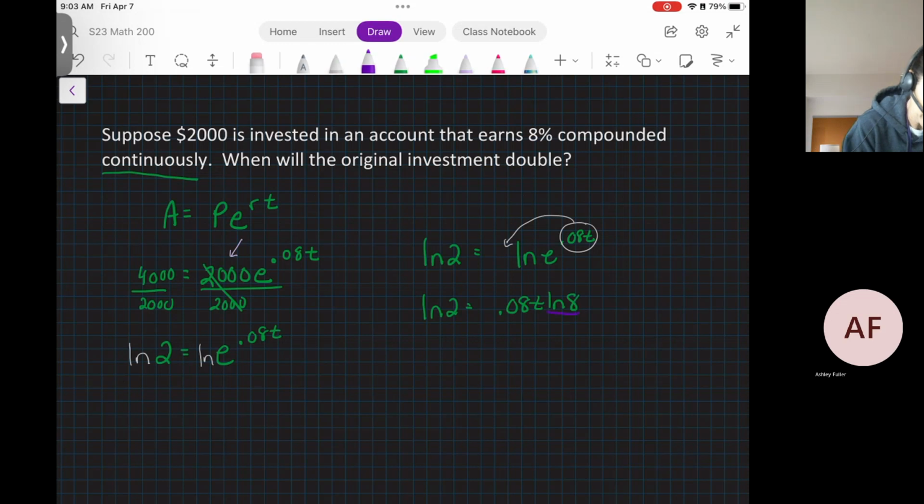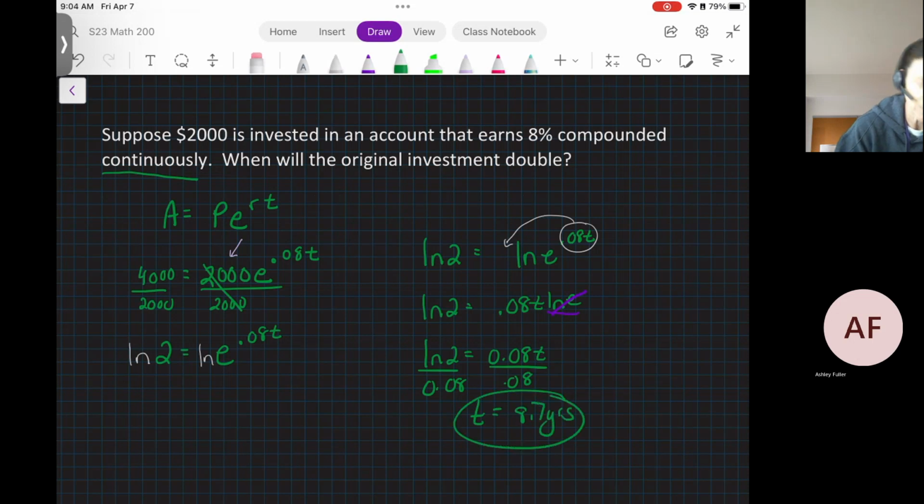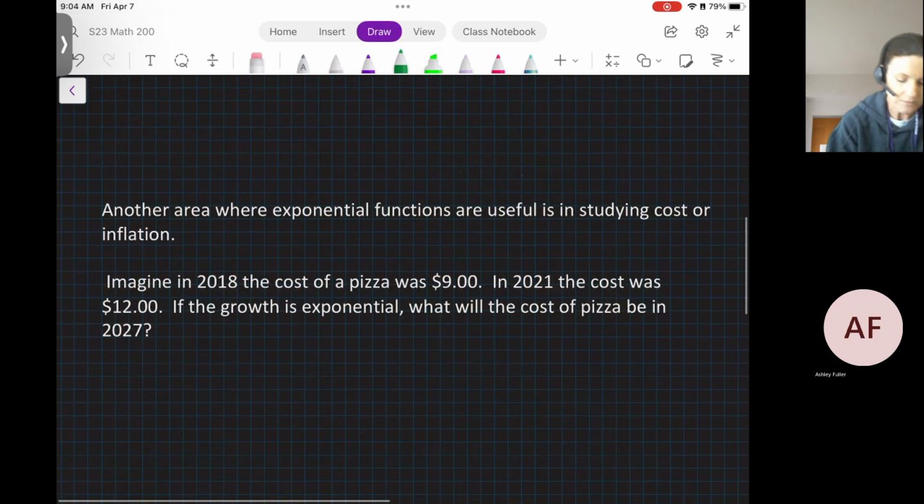We know that the ln of e is equal to 1, so we can ignore this value here, since 1 times anything is itself, which gives us the ln of 2 is equal to 0.08t. And if I divide both sides by 0.08, I get that t is 8.7 years. So in 8.7 years, the value of the account will double.